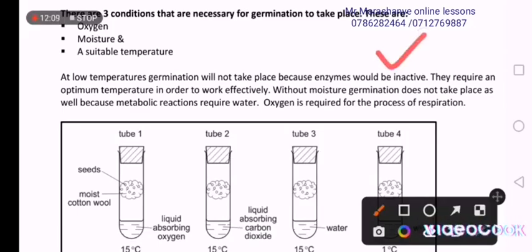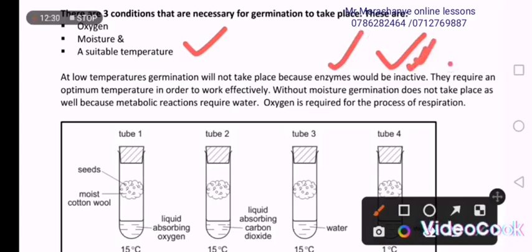So we are already talking about the importance of having a suitable temperature. We must have a suitable temperature for germination to take place, not just temperature, because it can be low. When it is low, it causes enzymes to be inactive.